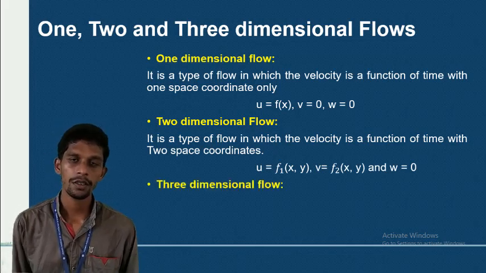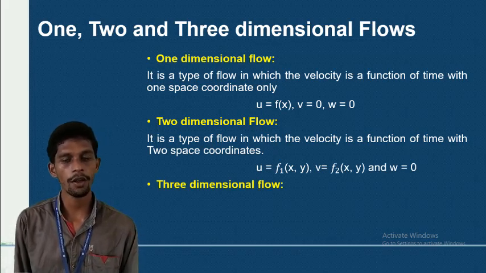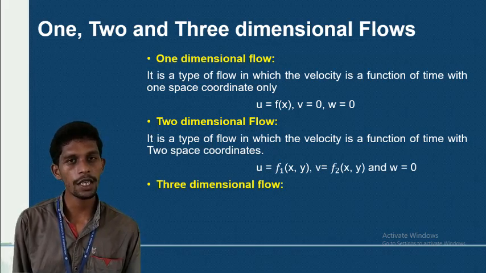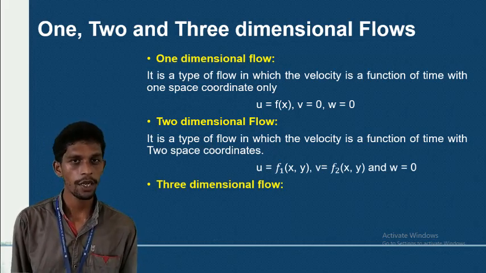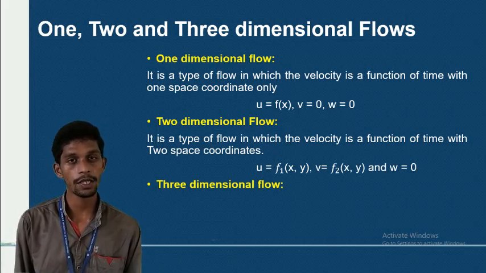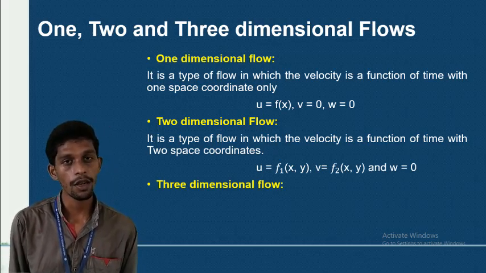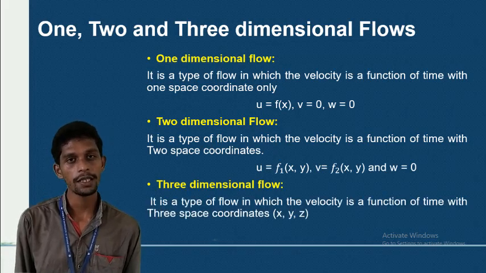Simple. Just now we considered two axes, x and y, or yz or zx. In three-dimensional flow, the velocity is a function of time with respect to all three space coordinates. That means you will consider the velocity along x, along y and along z.